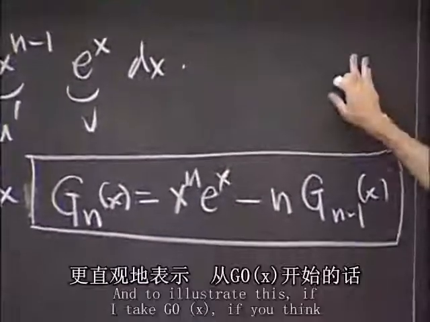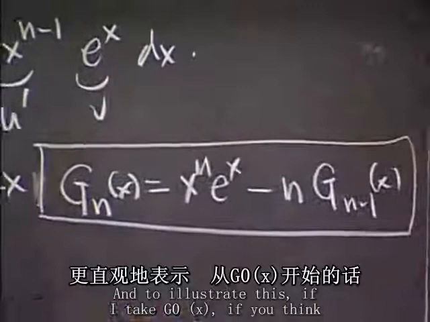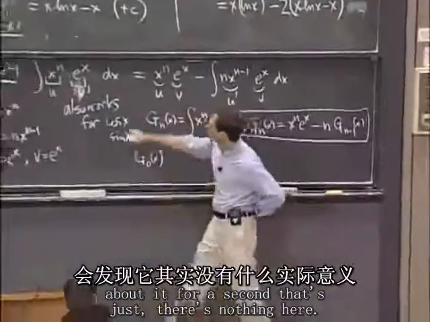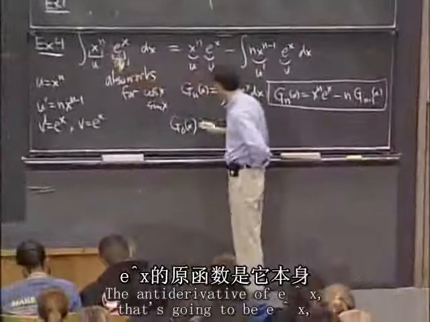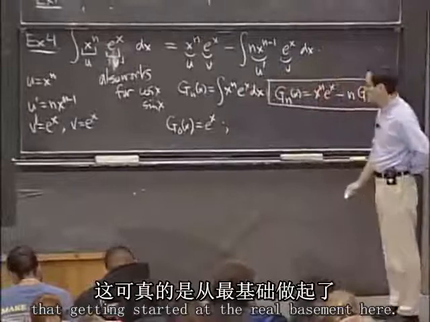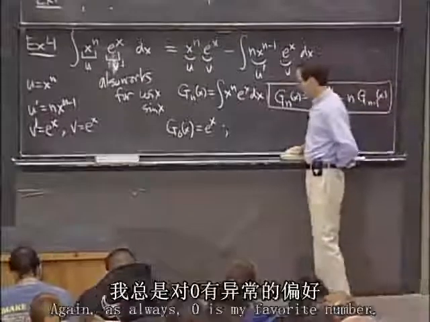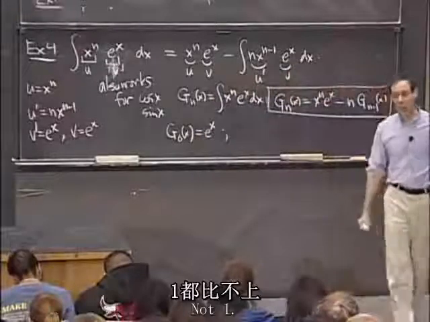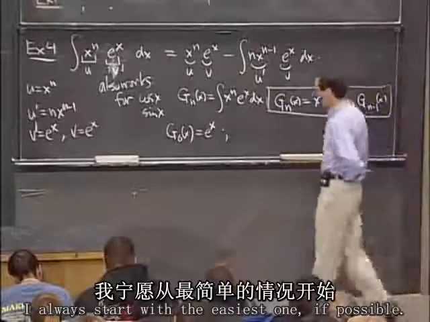And to illustrate this, if I take g0 of x, there's nothing here, it's just the antiderivative of e to the x, that's going to be e to the x. That's getting started at the real basement here. Again, as always, 0 is my favorite number, not 1. I always start with the easiest one, if possible.